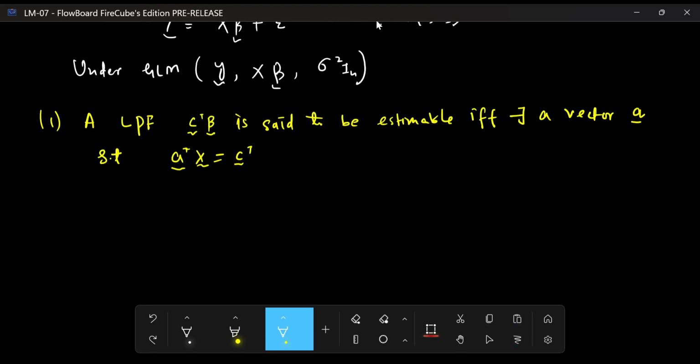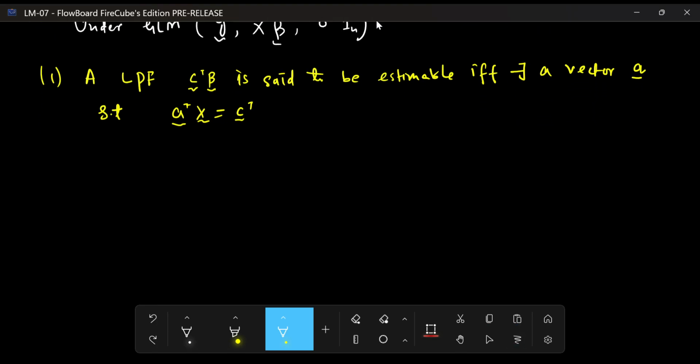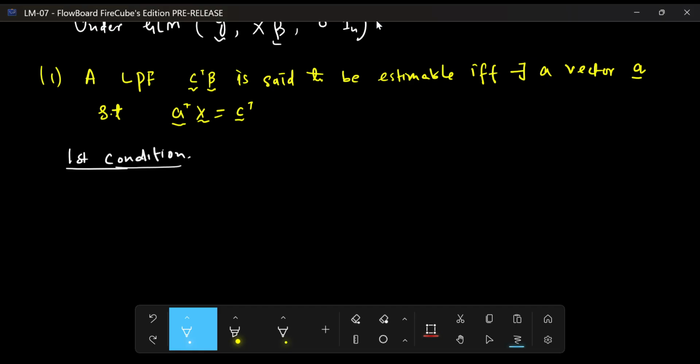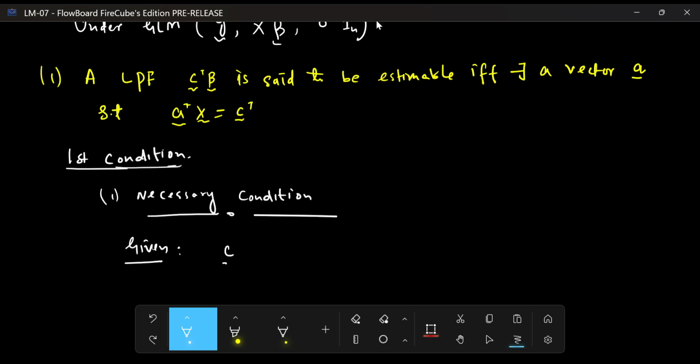Let's find the necessary condition for this. The first condition is a necessary condition. That is nothing but we are given with C curl transpose beta curl is estimable.